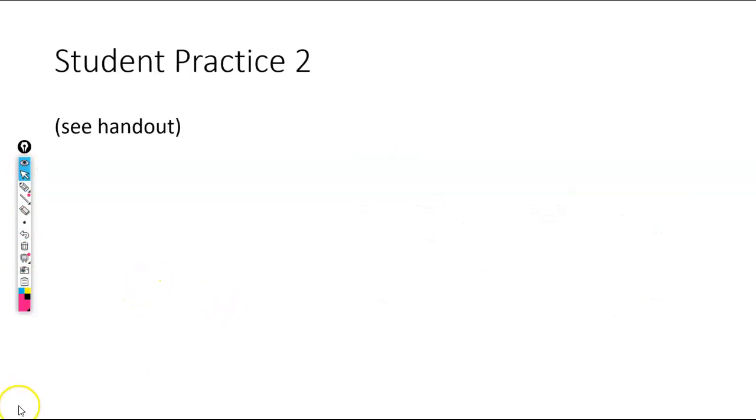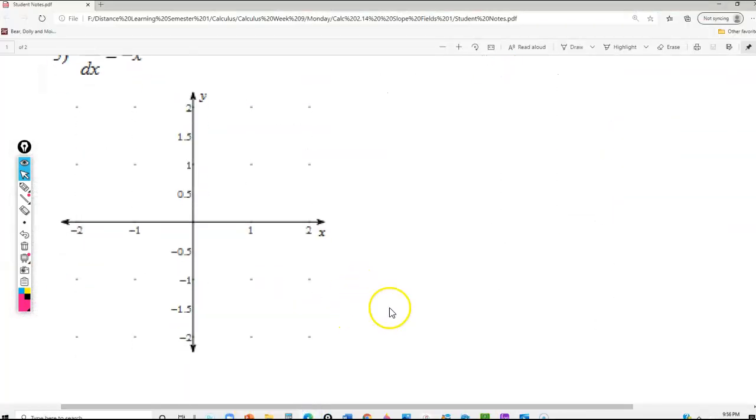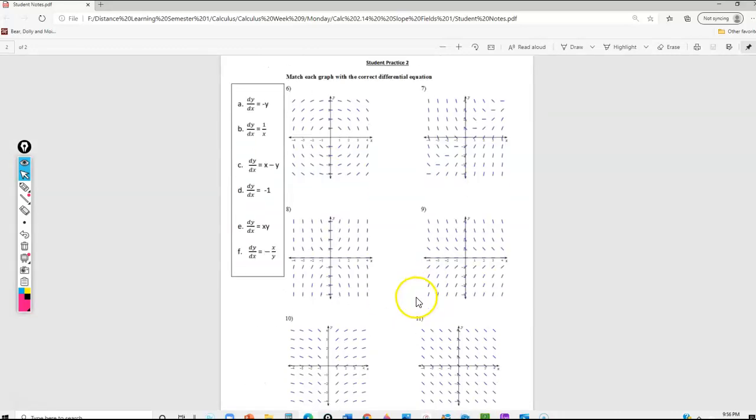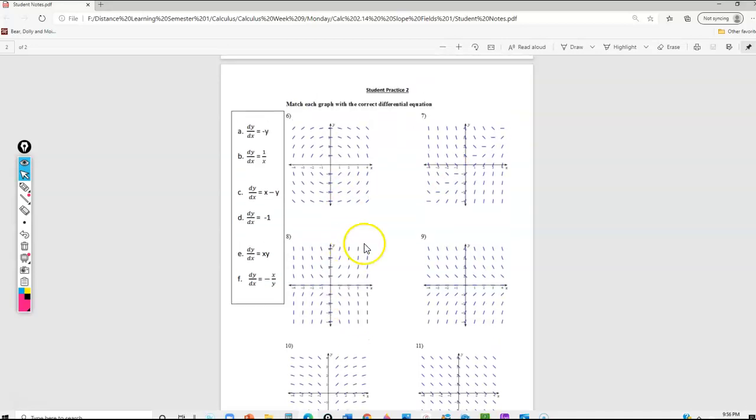good enough. So at this point, what I'd like you guys to do is work on the student practice number 2 on the handout. So let me bring that up really quick. For student practice number 2, you guys have 6 slope fields, and your job is to match these 6 equations to the ones they go with.